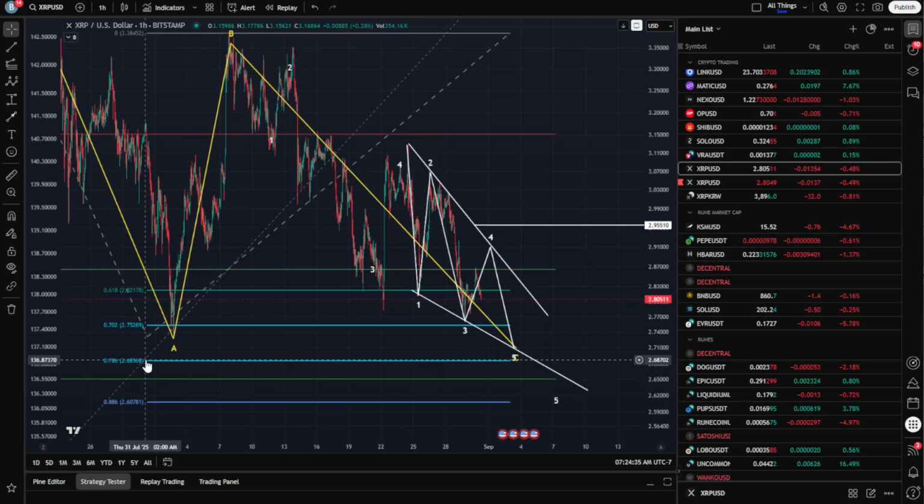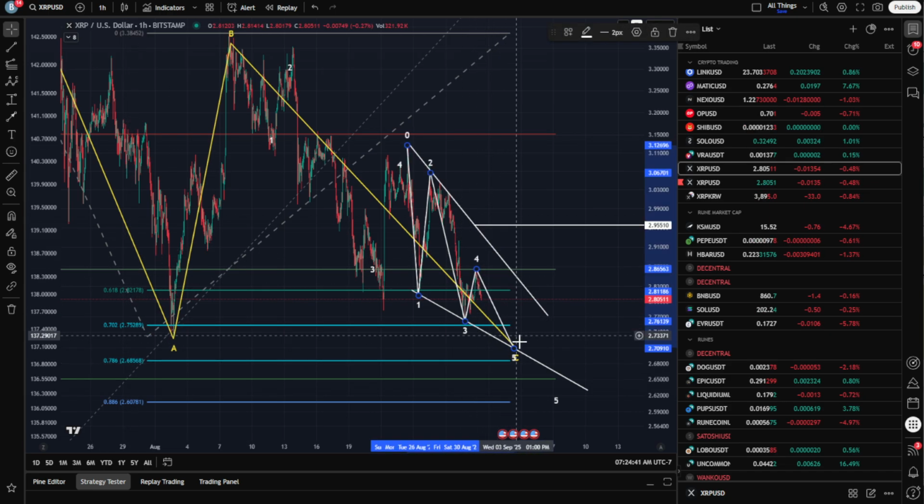So if we hit down to the 786, I could see us easily rolling over, completing this last portion of the wedge, and getting us down into this like 268 range, maybe even higher, and get front ran, so to speak.